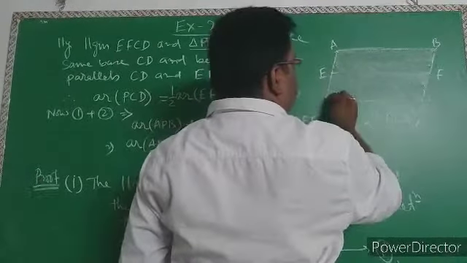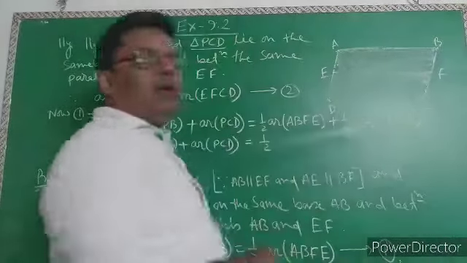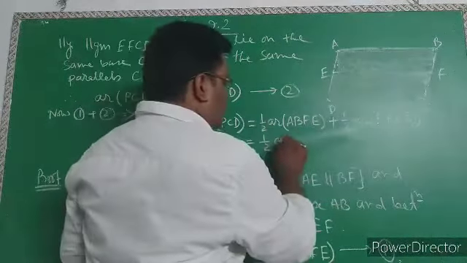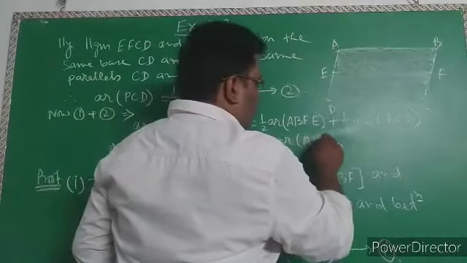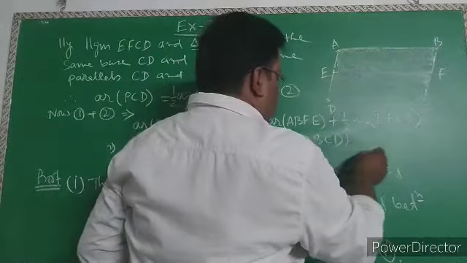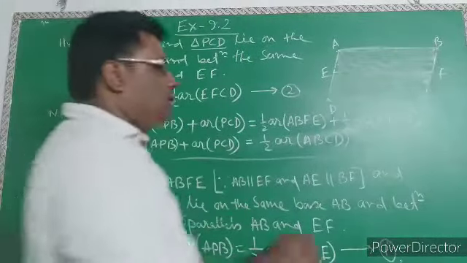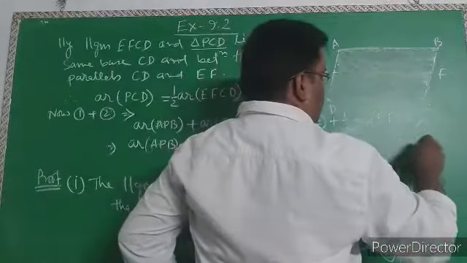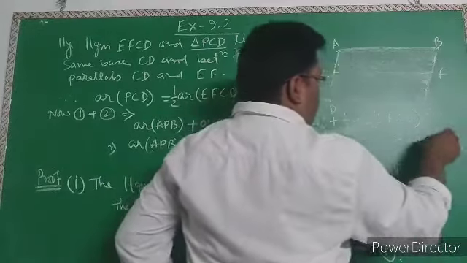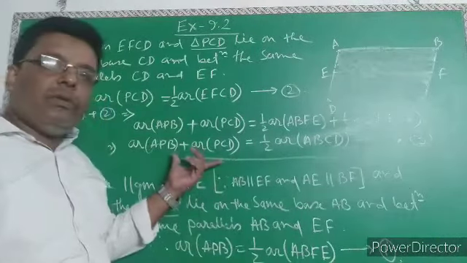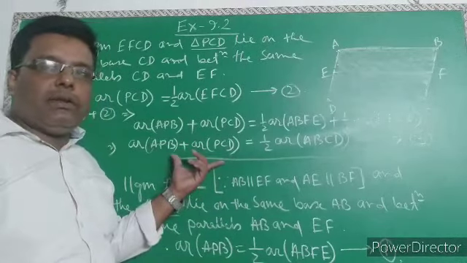If we add both these parallelograms, we get this whole. It is half area of ABCD. So this is proof number 1. So give it as number 3. So up to number 3 is the proof.